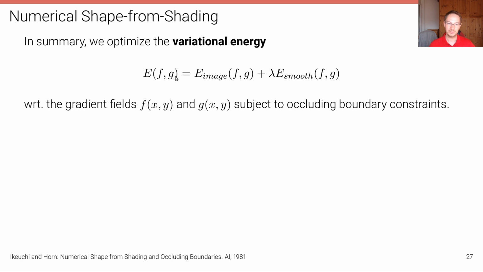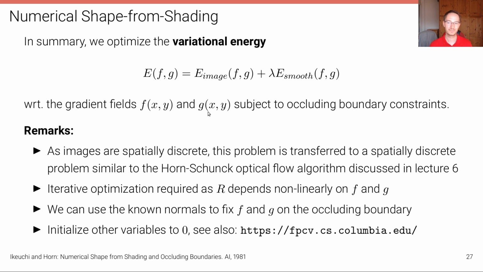E of f and g that comprises this image and the smoothness term weighted by some weighting factor lambda with respect to the gradient fields f and g subject to the occluding boundary constraints. Here's some remarks.